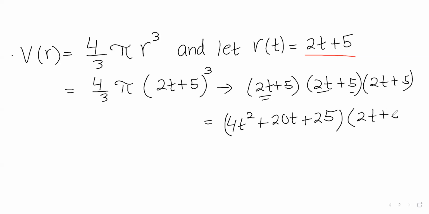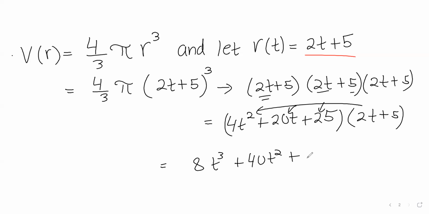Multiplied to my last binomial. Distribute 2t to each term. 4t squared times 2t gives me 8t cubed. 20t times 2t, 40t squared, plus 50t.